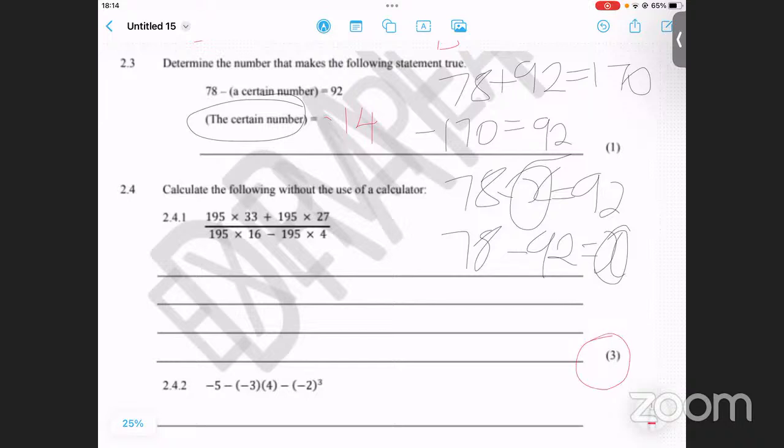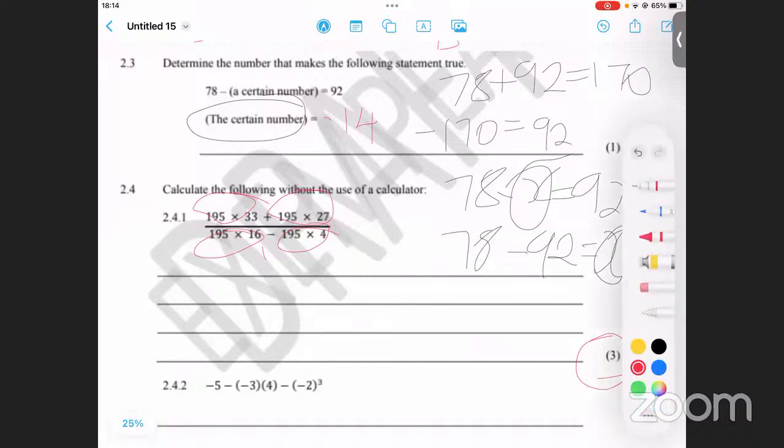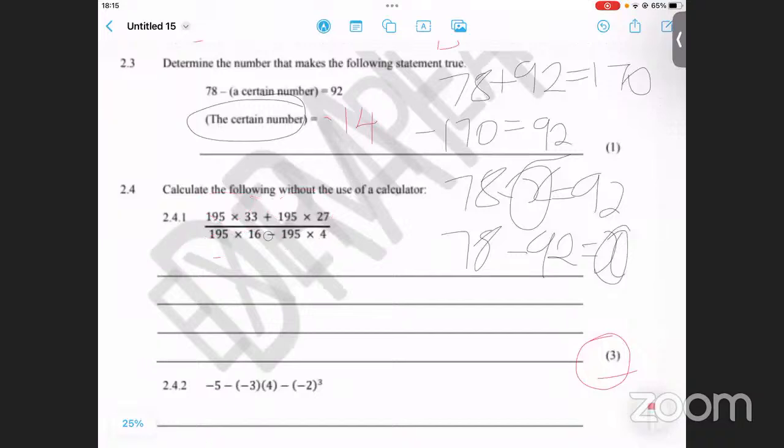But you do realize that this is a 3-mark question, and when are you going to do that method for this whole thing? You're going to spend about 10 minutes on one question just for 3 marks. Okay, you can carry on. Let's hear you out.